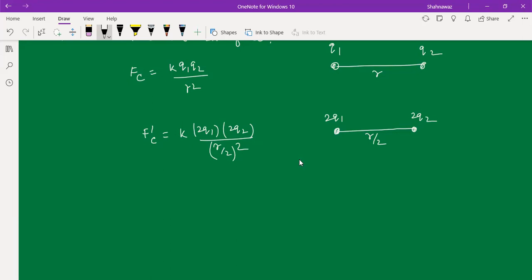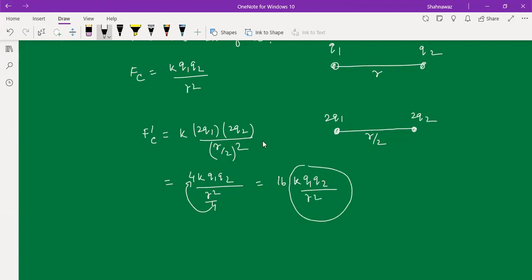Right, guys? Yes, sir. So this would be 4K Q1 Q2 over R square by 4. This 4 goes in the numerator, so this becomes 16 K Q1 Q2 by R square. And we can identify this is the old force.